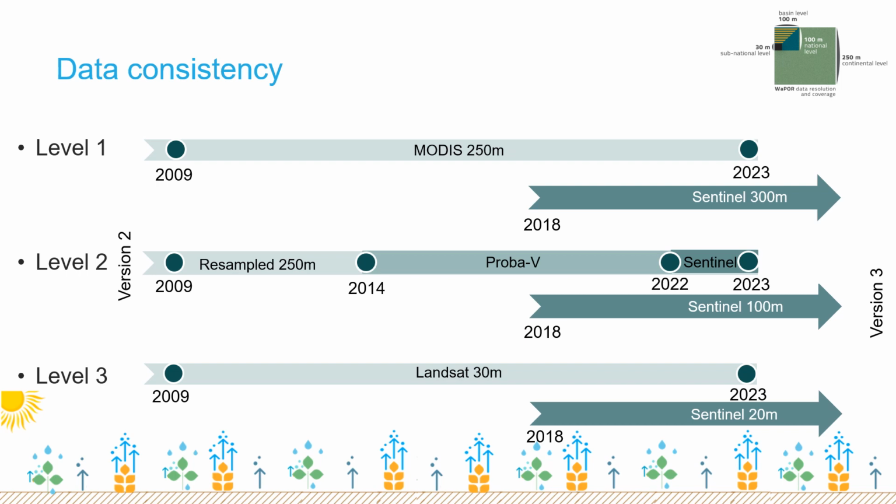So there will be an overlap of data available between version 2 and 3. The main source of data will be the various Sentinel satellites, completed with various other satellites, which have slightly different resolutions compared to the version 2 data, with level 1 having a resolution of 300 meter and the level 3 data will be made available at 20 meter resolution.